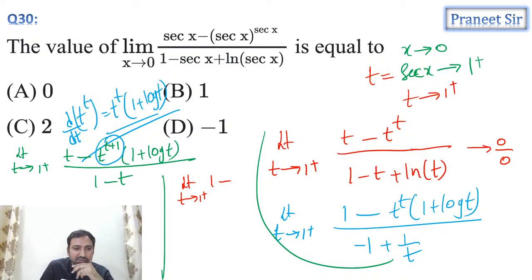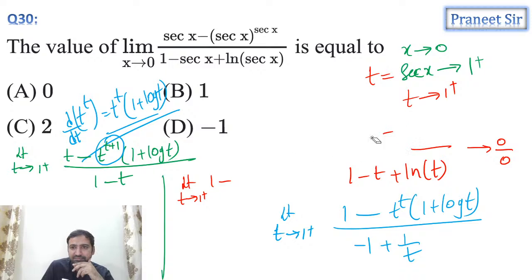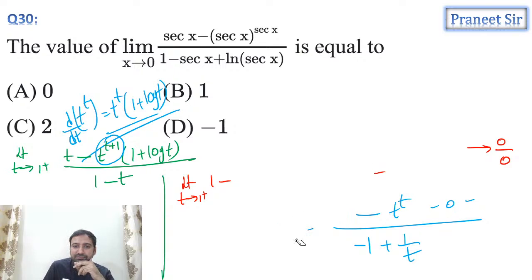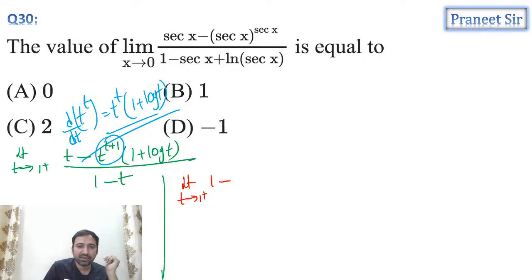We'll erase this part as space is not sufficient here. So when we differentiate this one, let's see what we get. We need to differentiate t power t plus 1, guys.